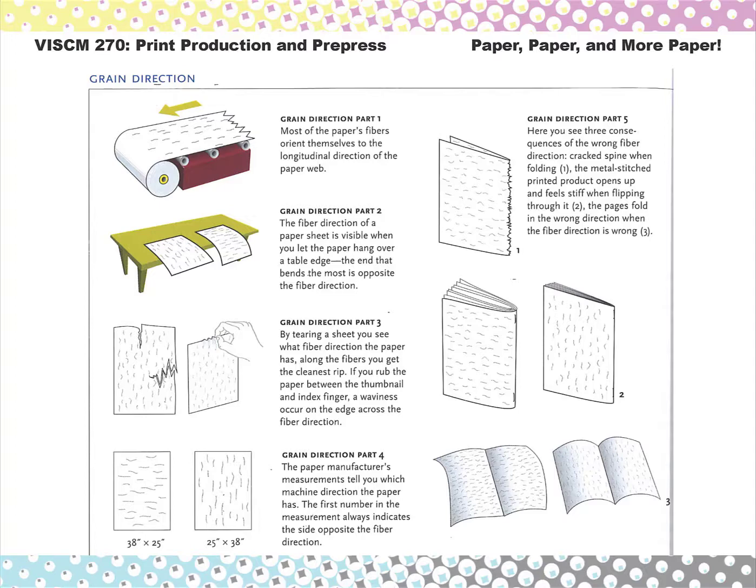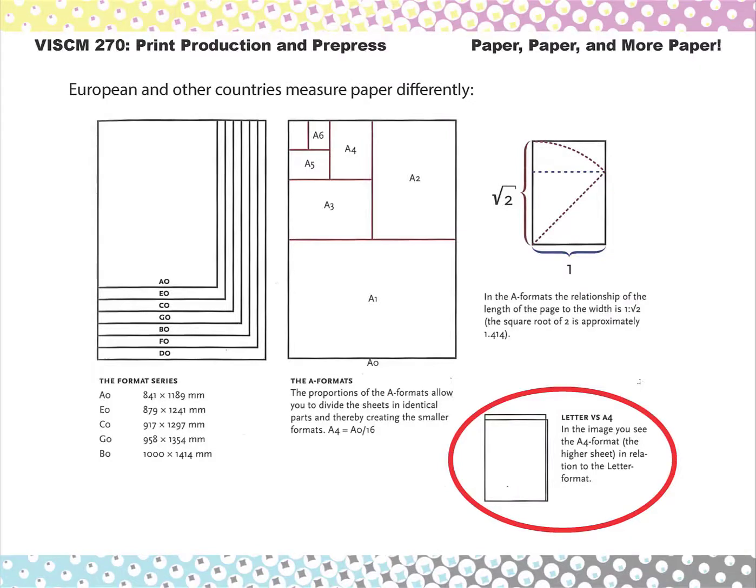That might limit your press sheet size, or how many copies they can put on one press sheet, and change how much paper you need to order or the size of the paper, things like that. And we're also going to take a quick peek here at paper sizes. So there are basic paper sizes.